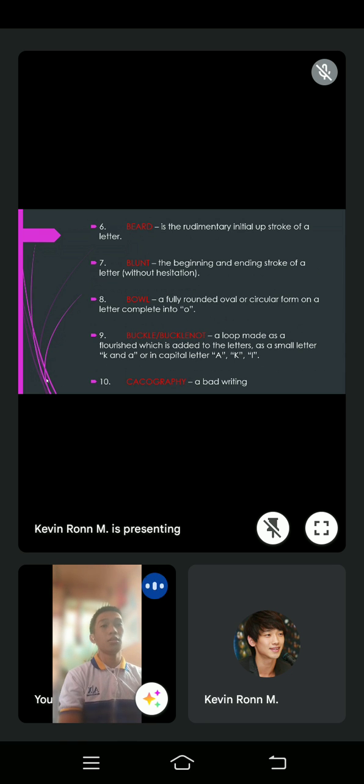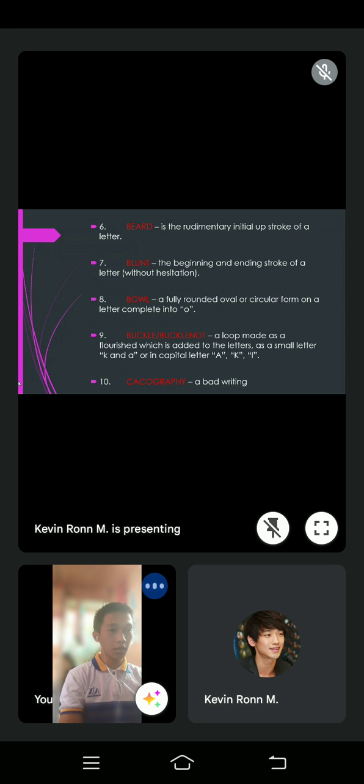Number 8 is bowl. What is a bowl? A fully rounded oval or circle on a letter, complete, as in O. So that is bowl. Number 9, buckle or buckle knot.